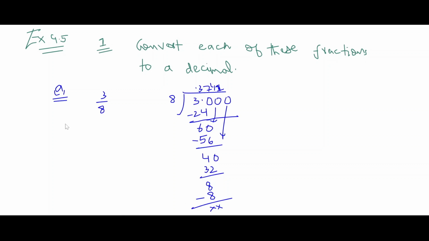Now you got 3 by 8 as 0.375. It's a terminating number, a rational number, and it is represented in fractional form.